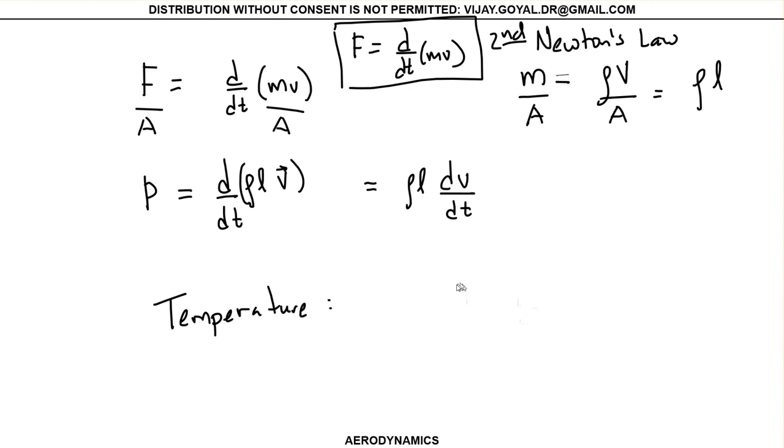We know this equation, where this is pressure, volume, number of molecules, your gas constant R, and your temperature.